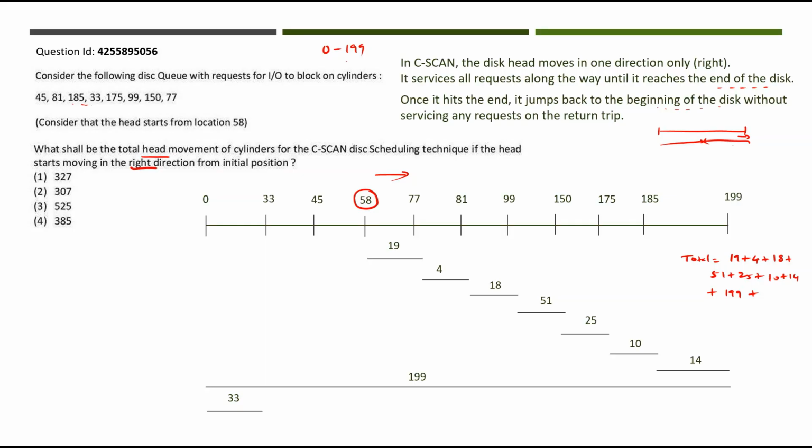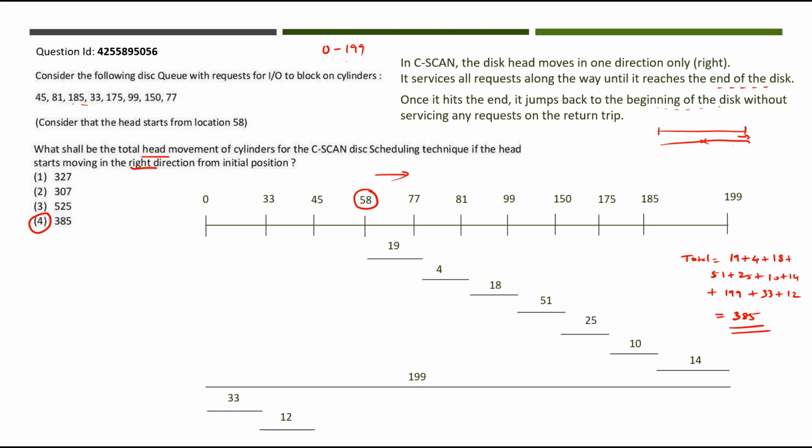So from 0, the first request will be 33, so the movements will be 33. From 33, it will process 45 next and the movements will be 12. When you add all the movements together, you will end up with 385 as the total head movement. Option number 4 will be the right answer.